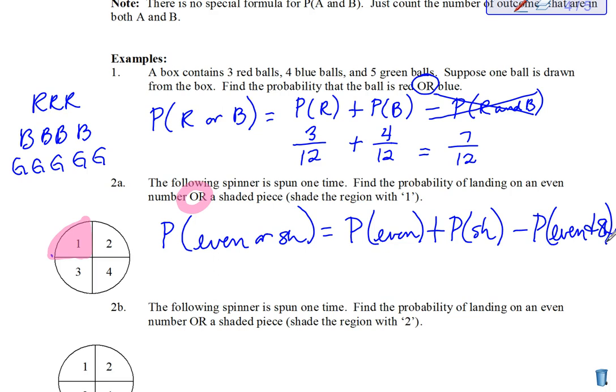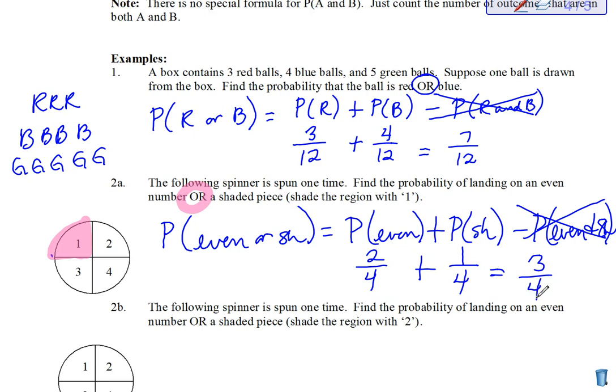When I look at this, is there an even outcome that's also shaded? No. And so that does not have to be looked at. The probability of getting an even is 2 out of 4. The probability of getting shaded is 1/4. So the probability of getting an even or a shaded would be the summation of those, which ends as 3/4.